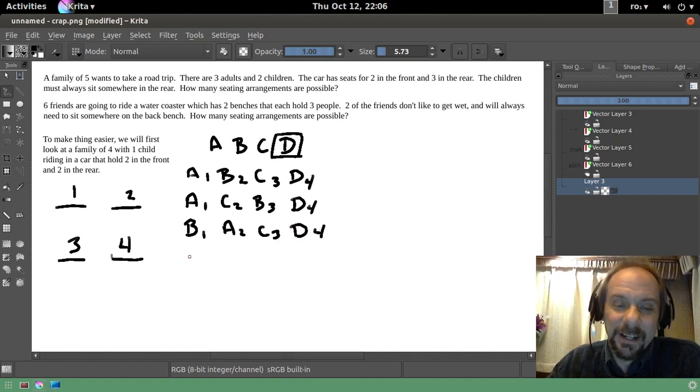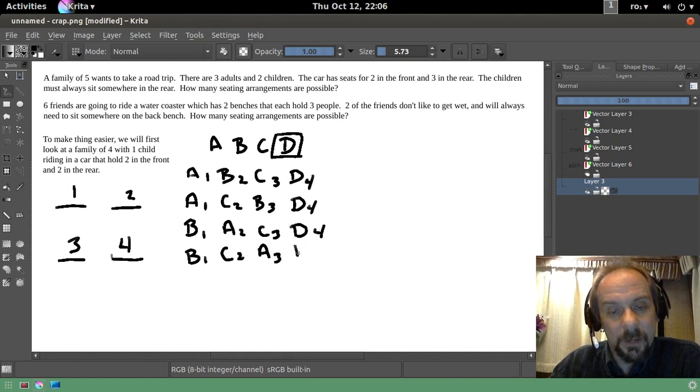Let's see. So now again, we need to swap A and C. So B has another turn at driving in seat 1. C moves to the front seat in seat 2. A sits in seat 3. And D remains in seat 4. We're done with A and C. We now need to move C to the driver's seat.